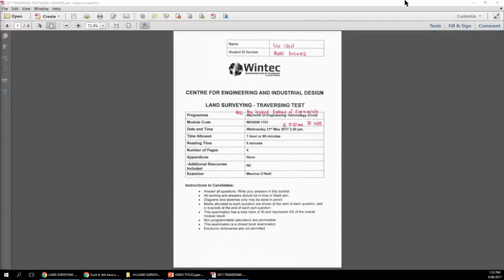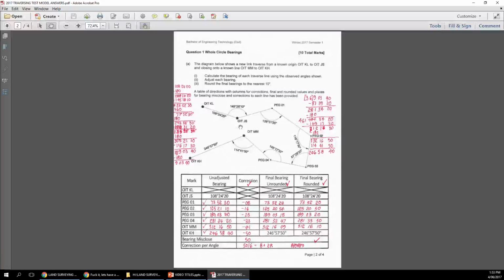It's a basic test on traversing, so there's no reason to diverge into more complex material for the Bachelor of Engineering Technology students. So let's have a look at the first question.